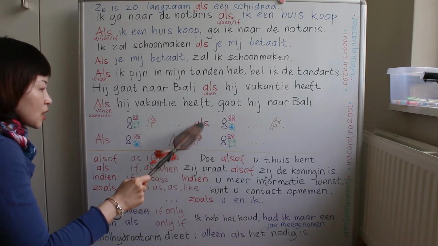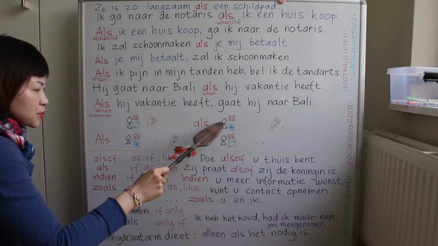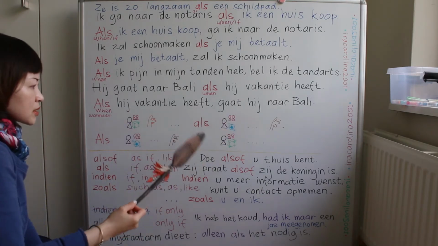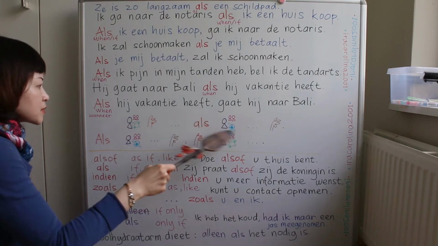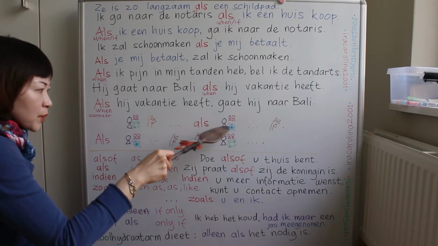The second part of the sentence: after you use "als", we use a subject, whether it's the same or different, because it depends on the sentence. So this is the subject of the second part.